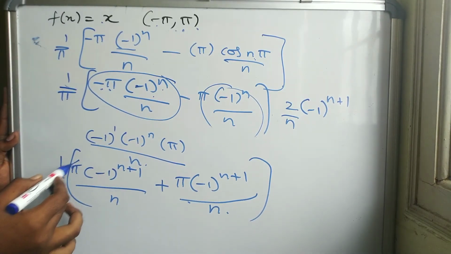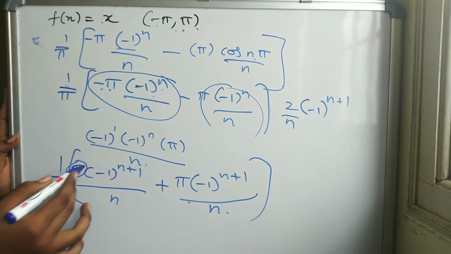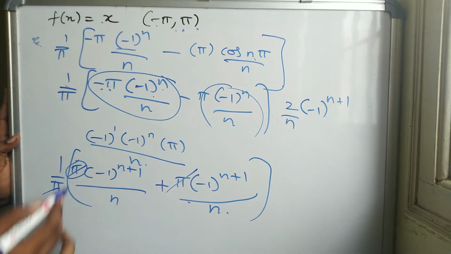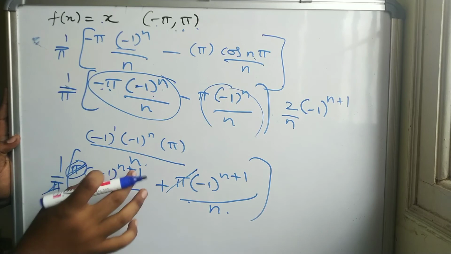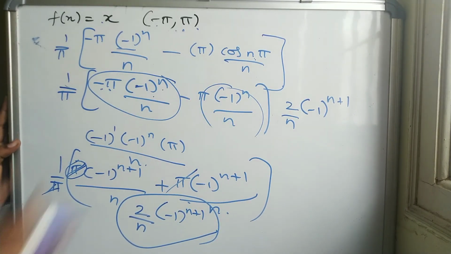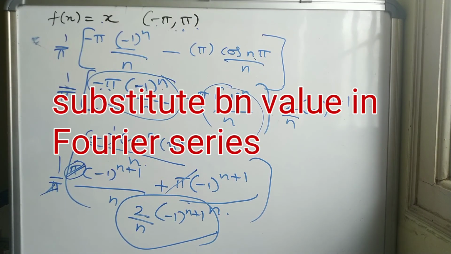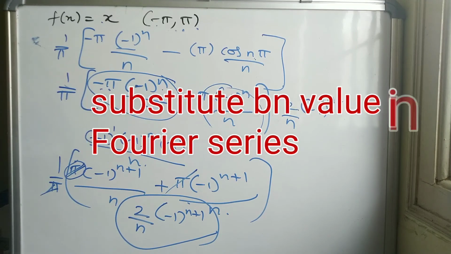Now you can take pi outside, so this pi can cancel. What is left? This 2 is left, that we can write as 2 by n times, you take common, 2 times minus 1 raised to n plus 1. That's the same thing. This is a little bit complicated, but you need to understand this.